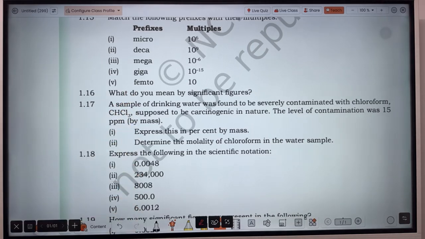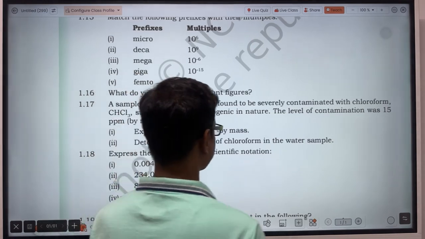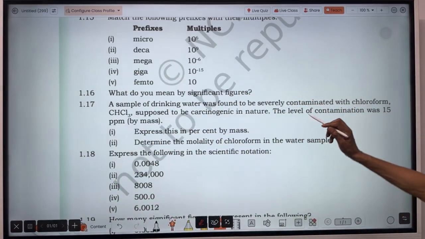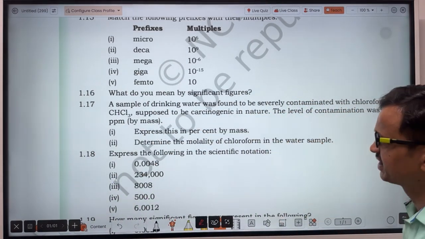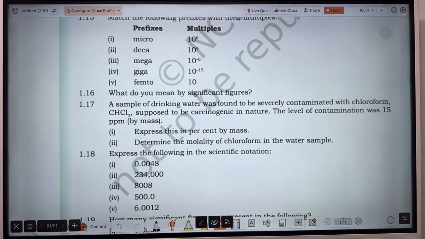Now let's see this question, a simple one. This one is chemistry. In this question, it is given that this sample, chloroform, is carcinogenic.